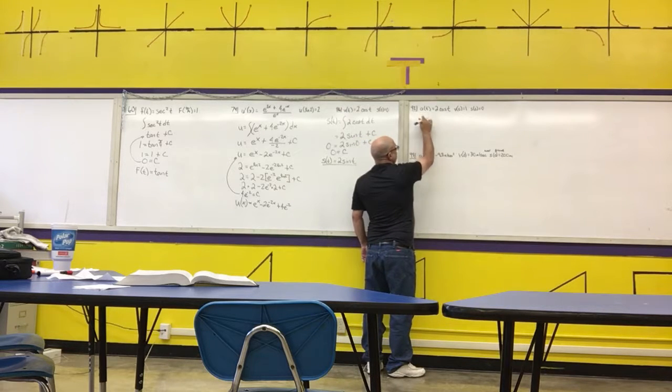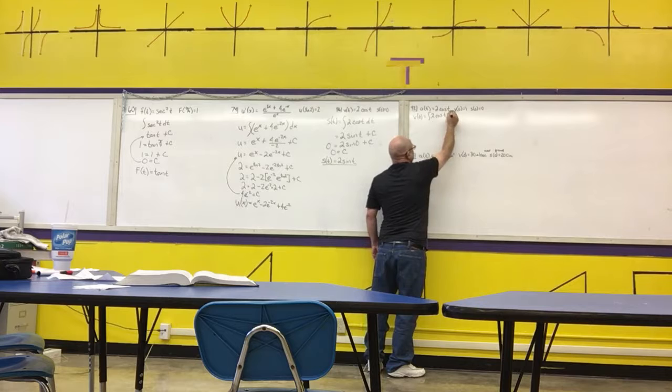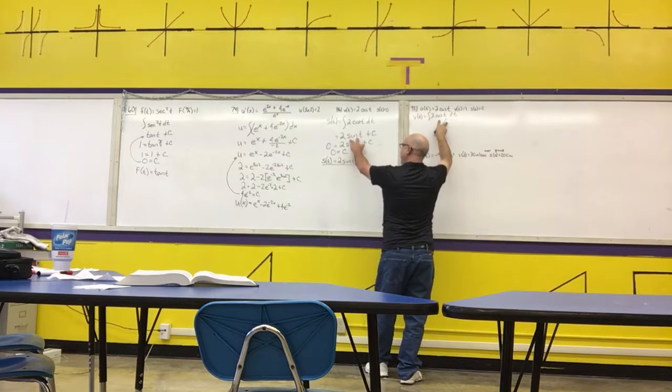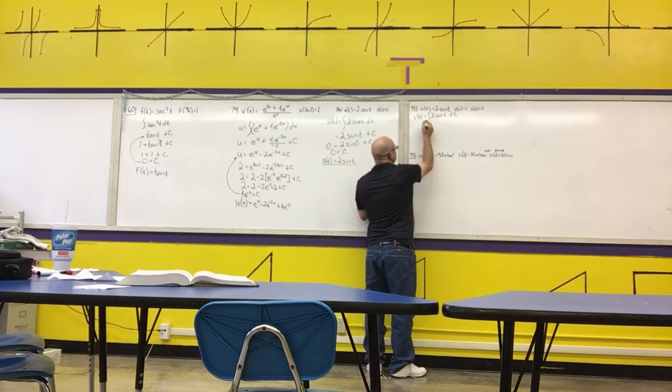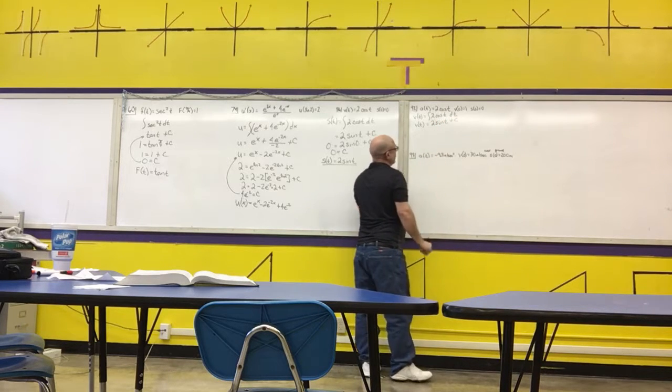So first antiderivative is going to give me velocity with respect to time is equal to the antiderivative of 2 cosine t dt. Well, that's the same antiderivative that I did over here. So velocity with respect to time is equal to 2 sine t plus c.